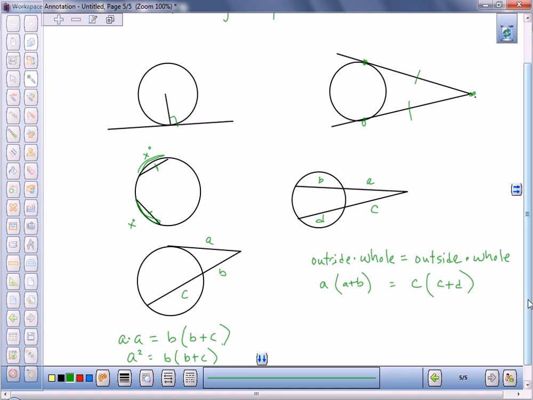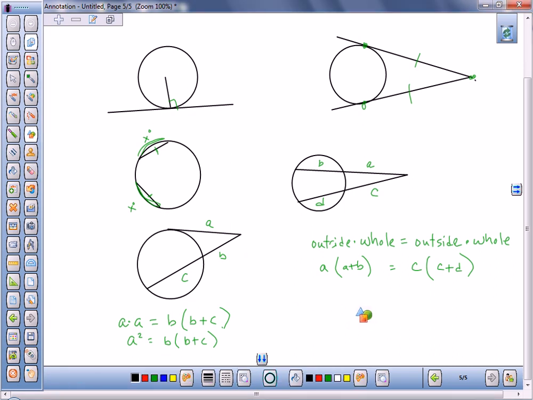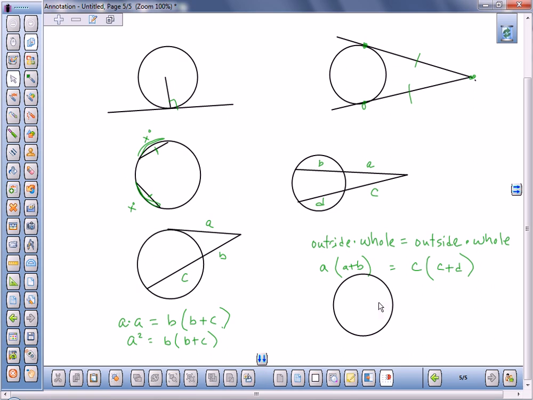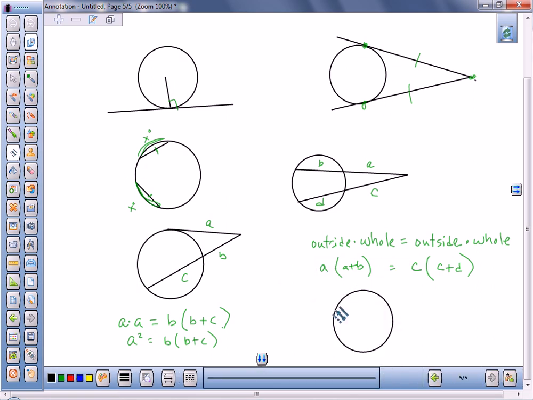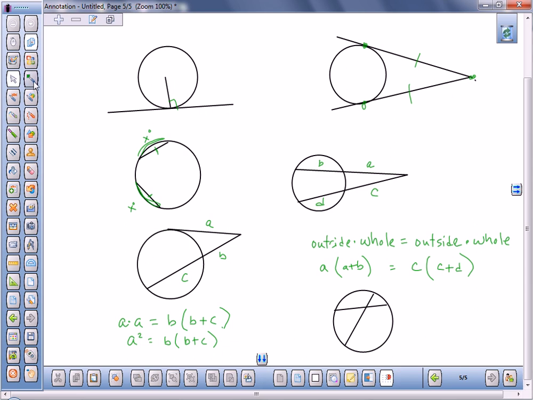Okay, and the other one is when we just have the two chords. So we have the two chords, it's the products of the parts.